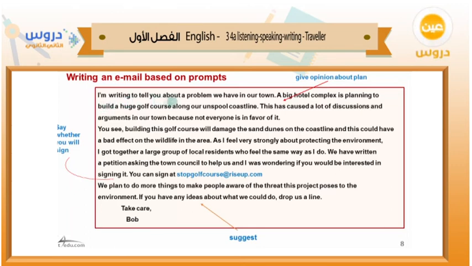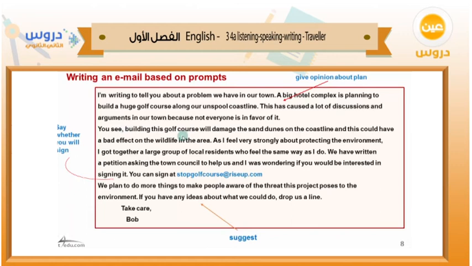I'm writing to tell you about a problem we have in our town. A big hotel complex is planning to build a huge golf course along our unspoiled coastline. This has caused a lot of discussions and arguments in our town because not everyone is in favor of it.